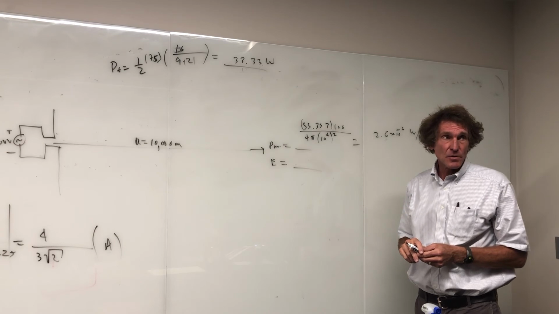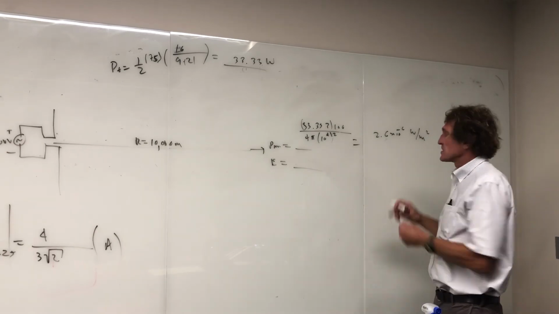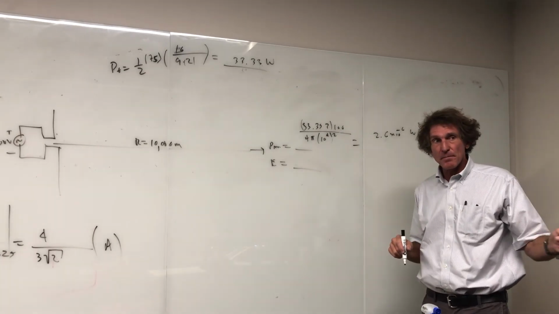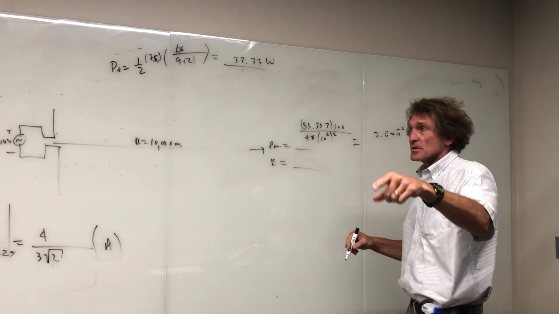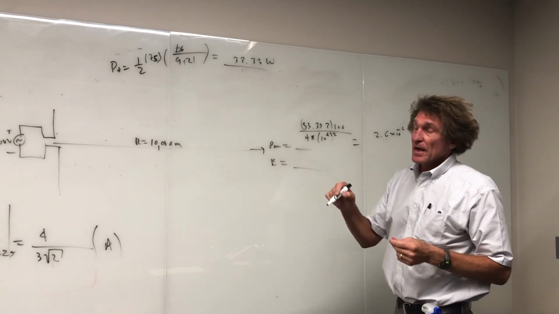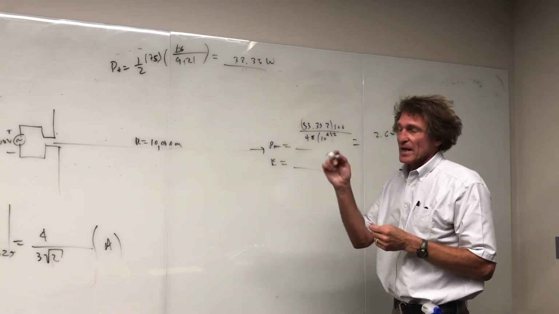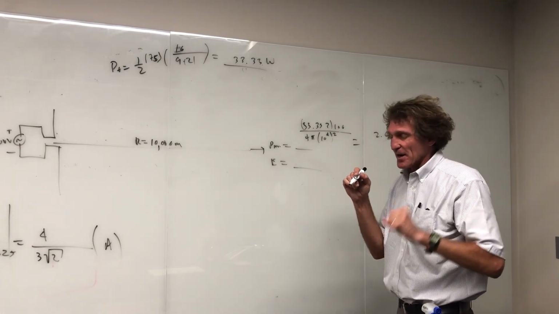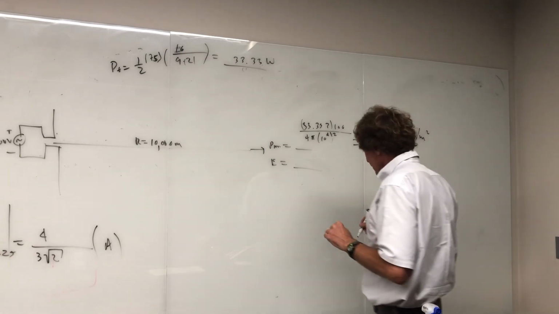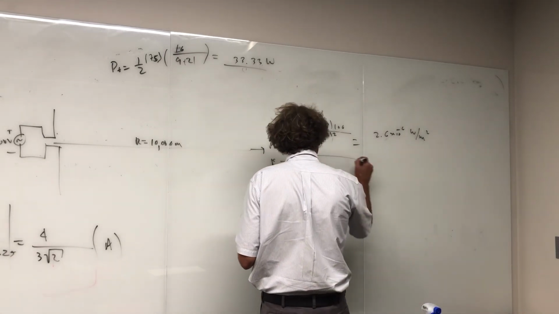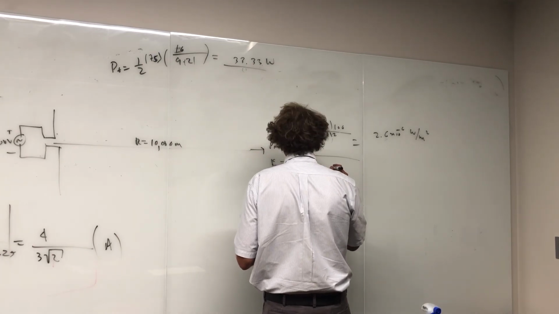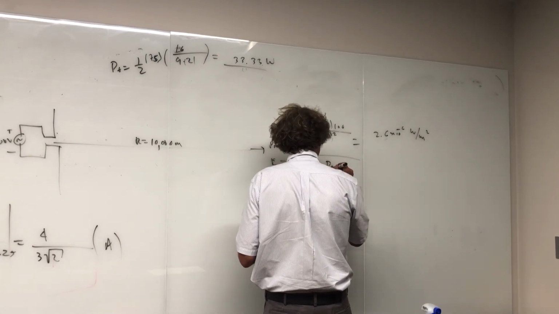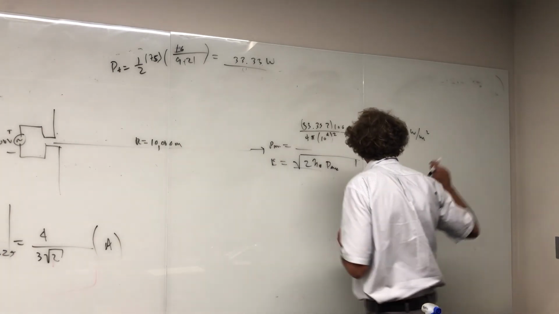All right, class, are you with me? Now that's just for the power density. How do I get the E field? One more time, E field? He said just use the equation: 1/2 E squared divided by eta naught is equal to the power density. So the E field is equal to the square root of 2 eta naught times the average power density, P_avg. And what is that E field going to be?